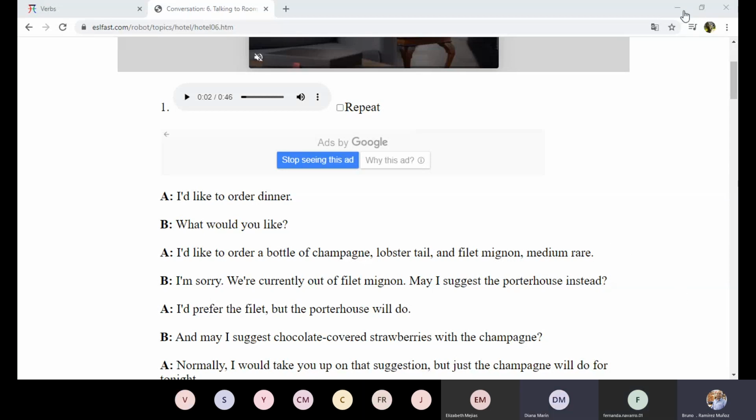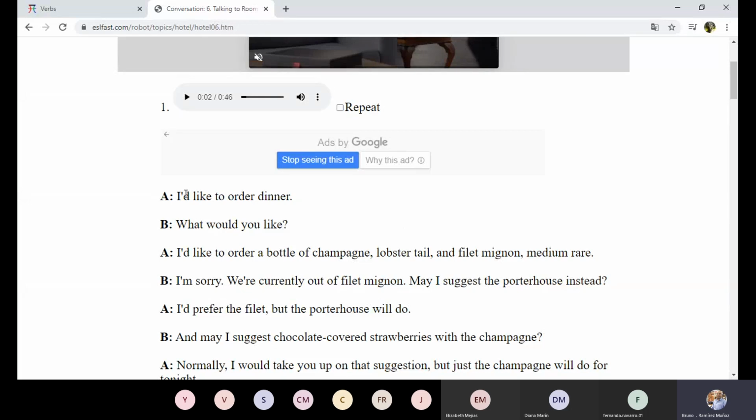Professor, when you ask that, do we have to count the consonant sound if it repeats? Well, yes, I would say that yes.